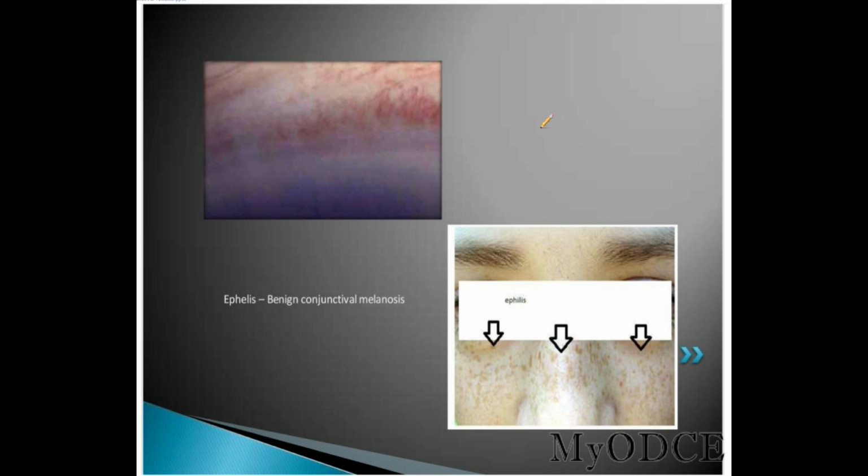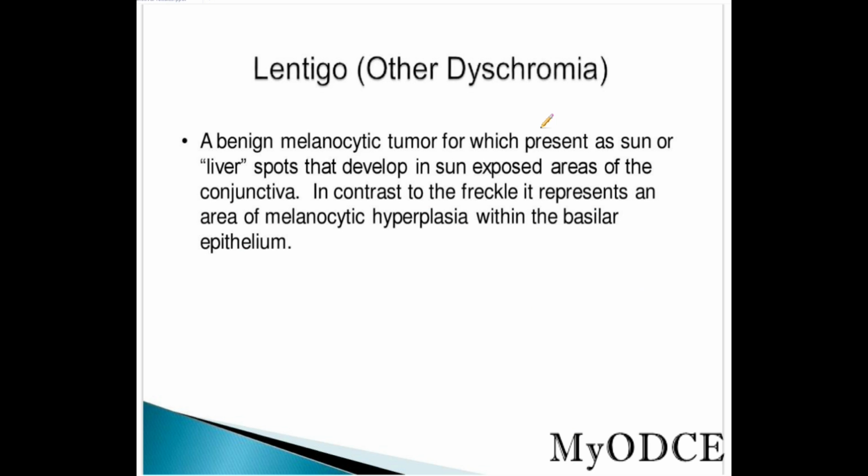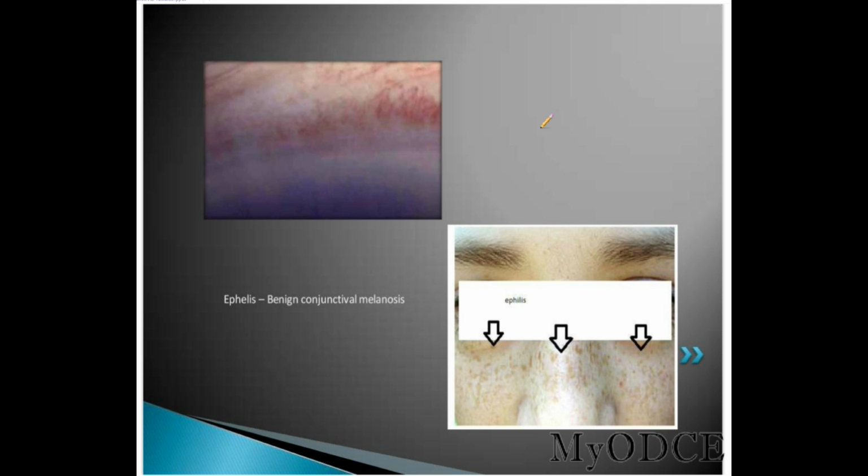If it involves the conjunctiva over the sclera in particular. Somebody asked a question, should people with normal conjunctival pigmentation be recommended to use sun protection? I think so. It makes sense too, especially if you're concerned about pinguecula or pterygium progression.